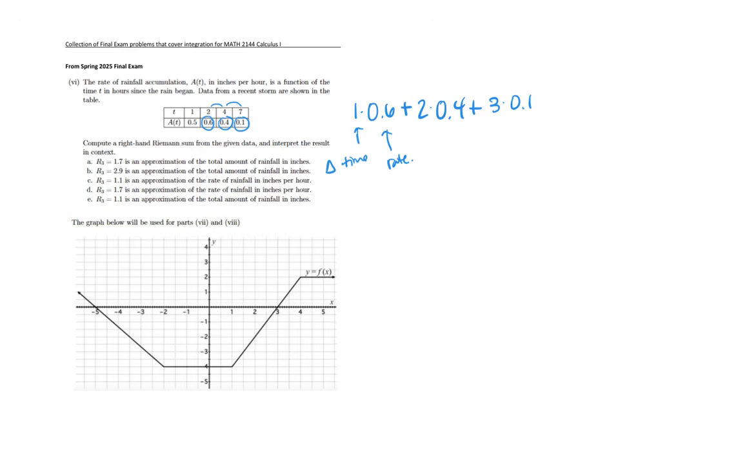So let's add that all up. So 1 times 0.6 plus 2 times 0.4 plus 3 times 0.1. So you get 1.7.